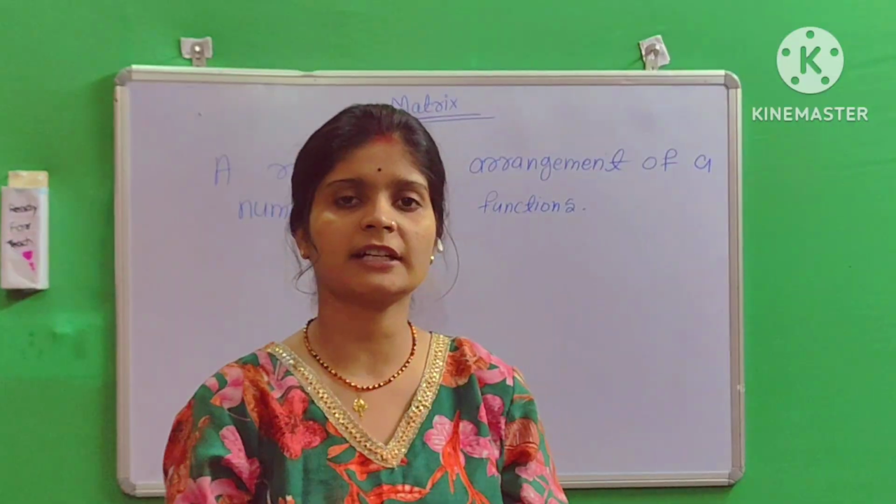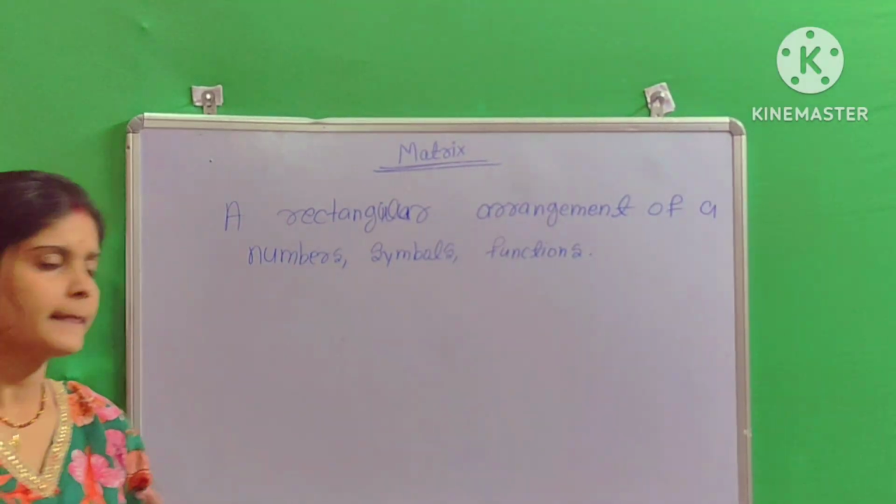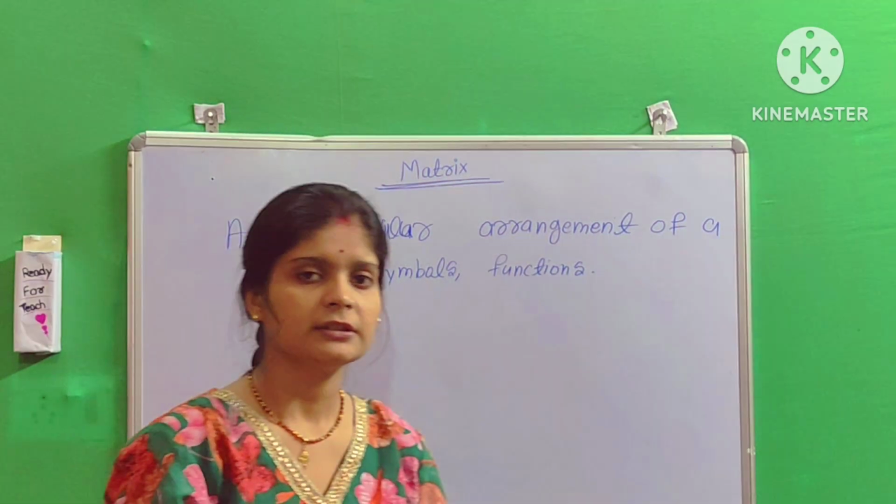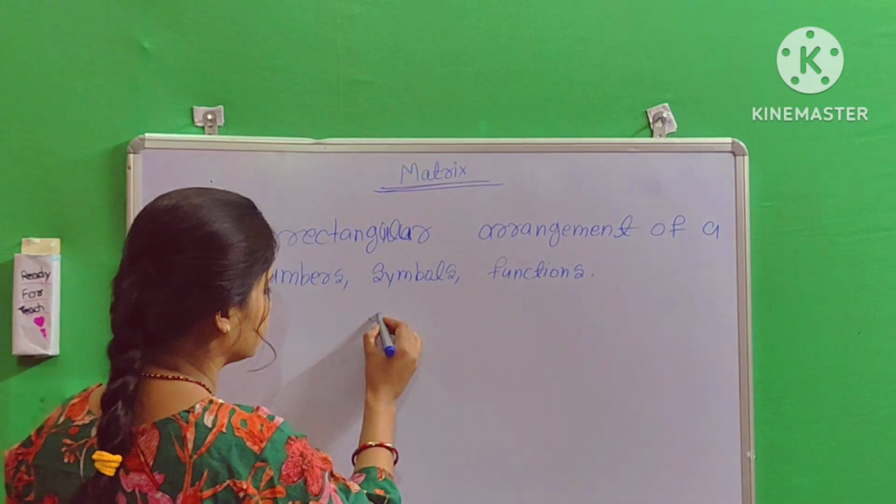If we arrange numbers, symbols, functions in rectangular form, it is called matrix. Let's see an example of this.